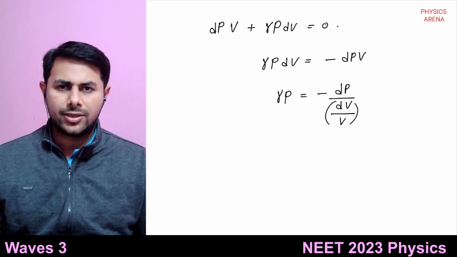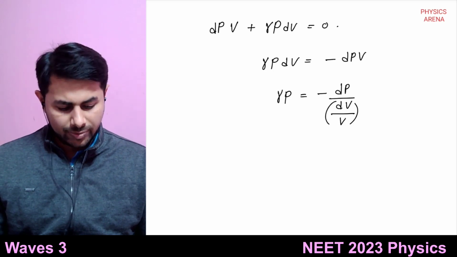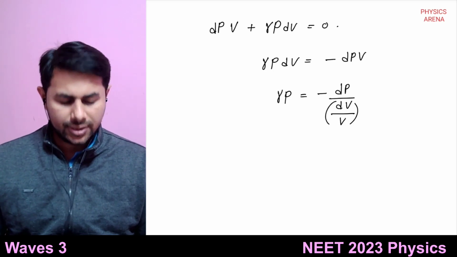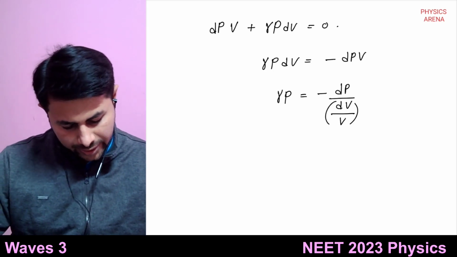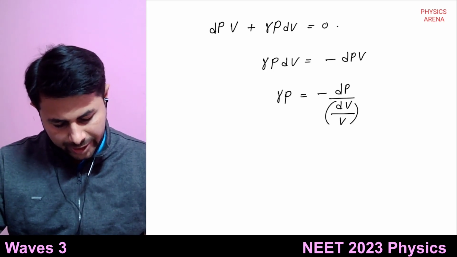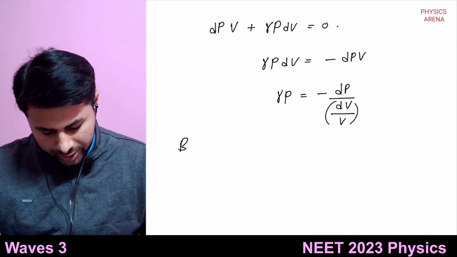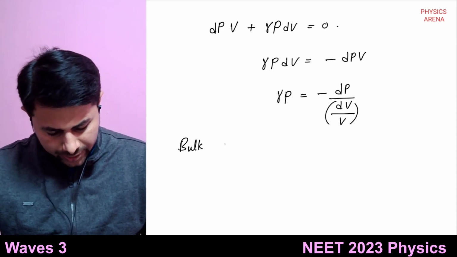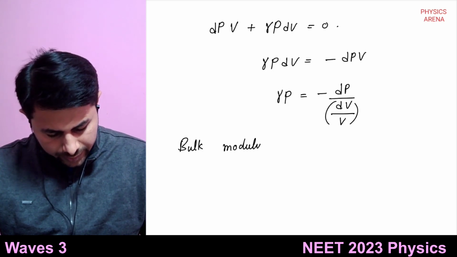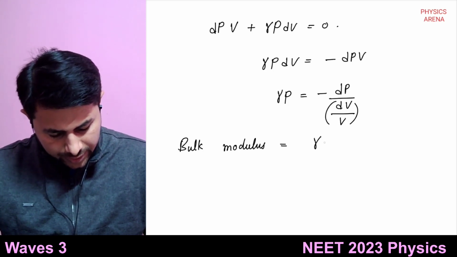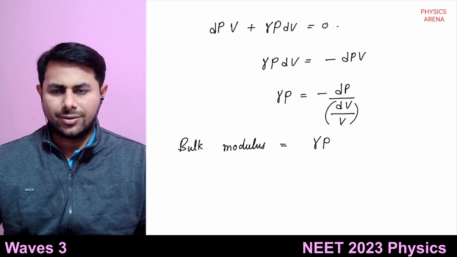So now the bulk modulus is not equal to pressure. It is equal to gamma times the pressure. So the bulk modulus for an adiabatic process is equal to gamma times pressure.